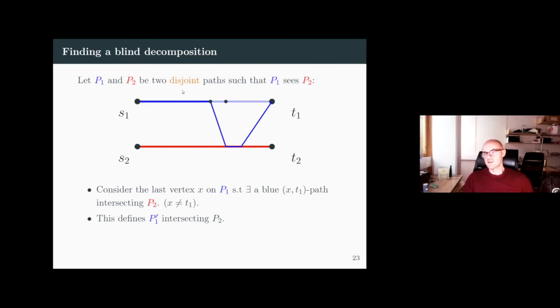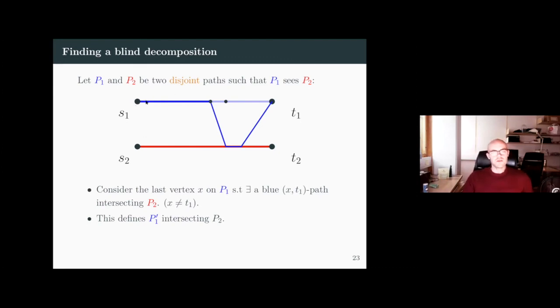Just by definition of X, basically. Yes, because if there is a path from here to here using some edges of P2, then this is a contradiction with the definition of X, right? So this part is fine, and then we have to do something for what happened here.